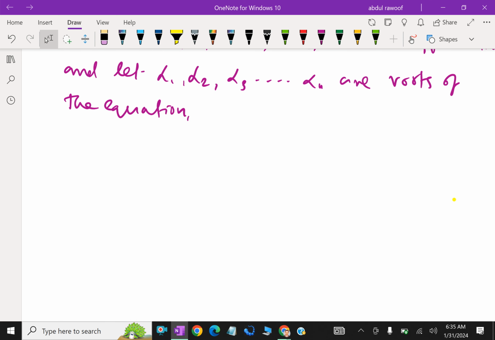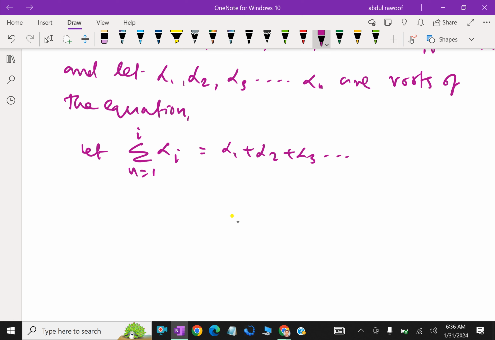Then let it be first, sigma alpha i, that is alpha 1, alpha 2, alpha 3 up to alpha n, which is equal to minus a_(n-1) over a_n.